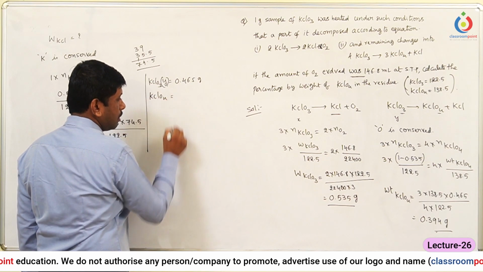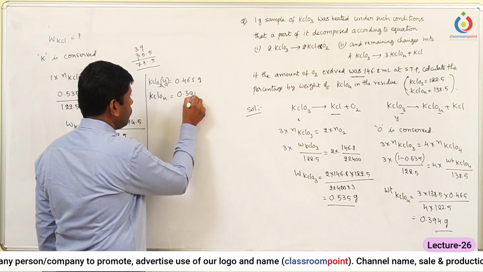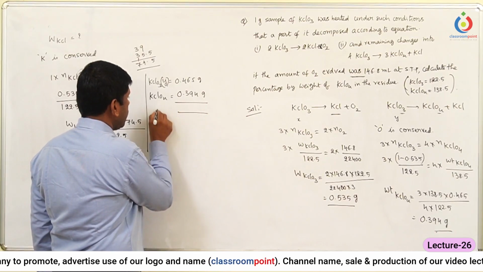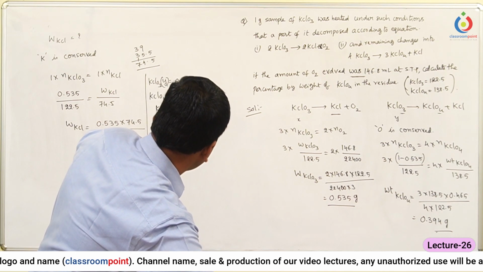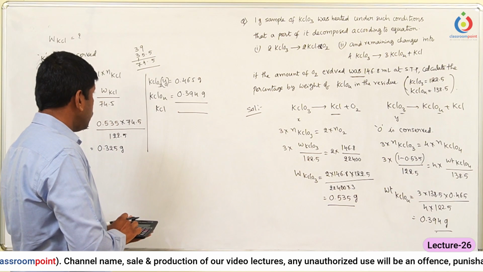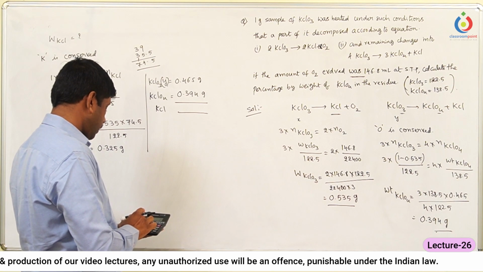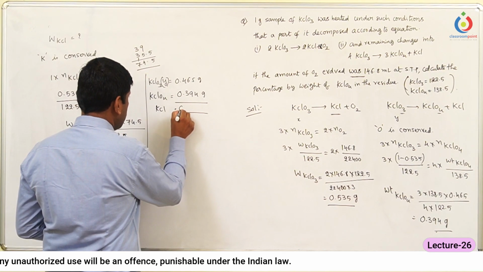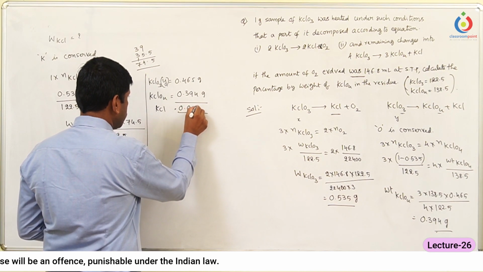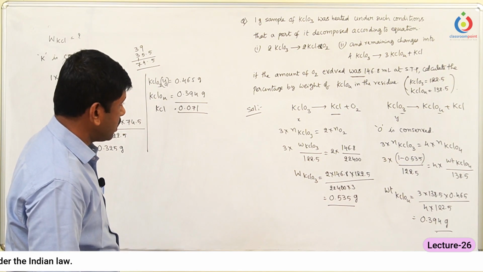KClO4 produced is 0.394 grams formed. The remaining is the mass of the KCl in the second equation. So that is 0.465 minus 0.394, which equals 0.071, because both are solid substances only.